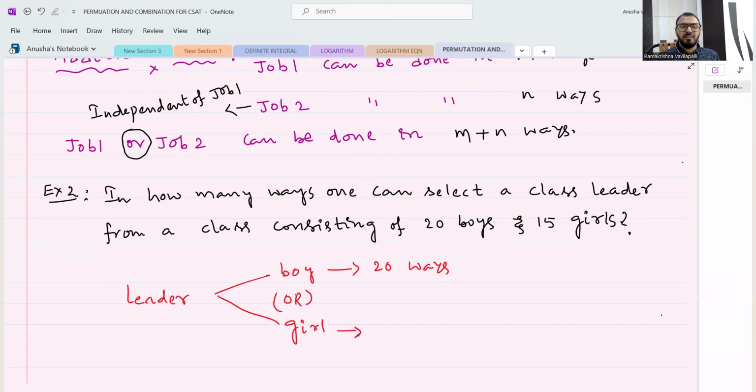If it is a girl, there are 15 ways to select a girl leader. So there are 35 ways.